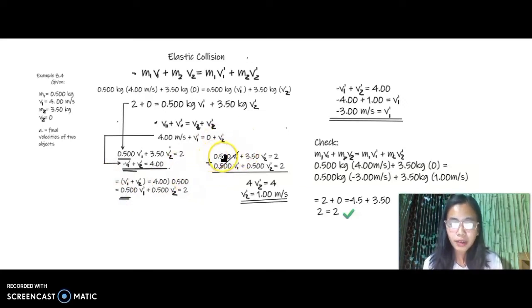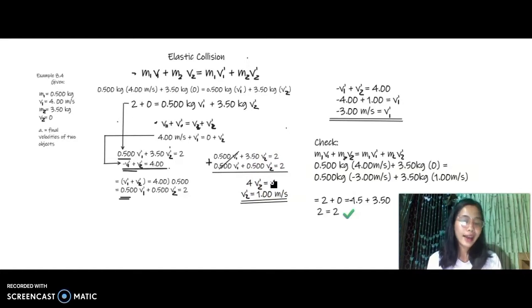So 0.500 v prime 1 plus 0.500 v prime 1, we're just going to cancel that out because it is 0. And 3.50 plus 0.500, that would be 4 v prime 2, and 2 plus 2 equals 4.